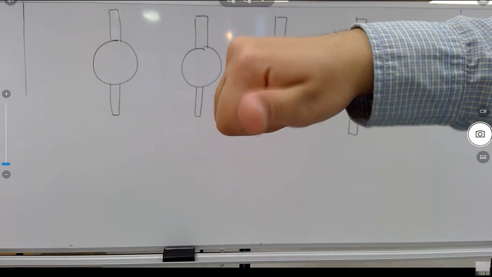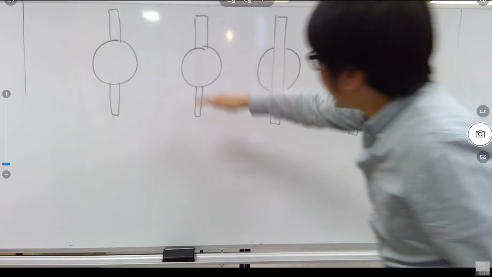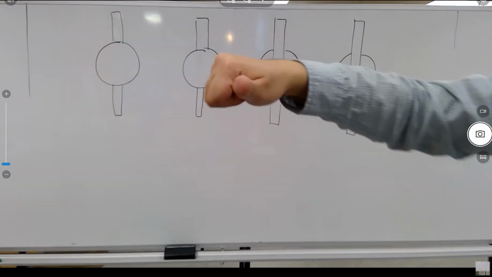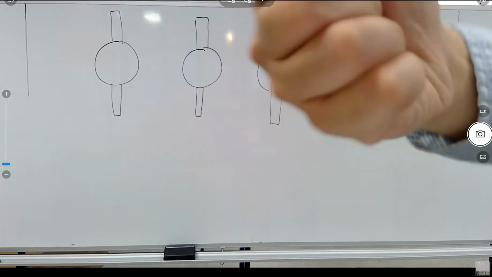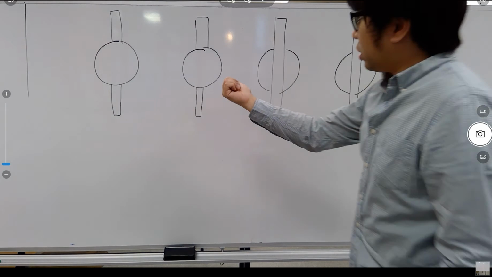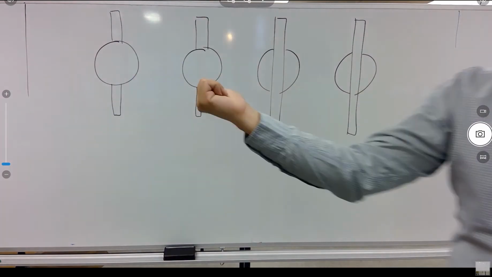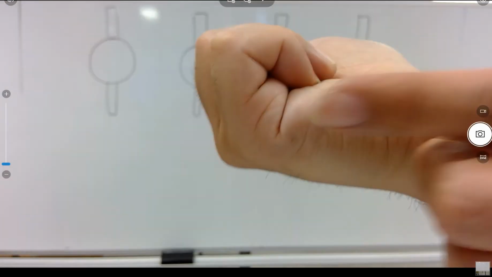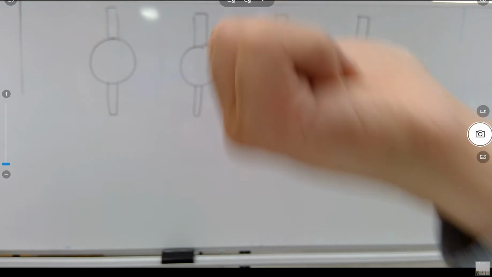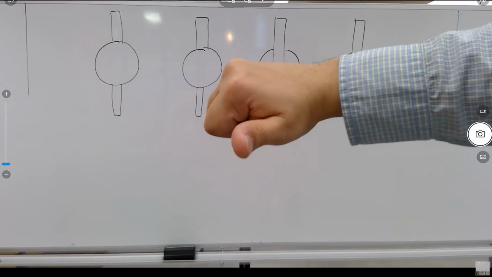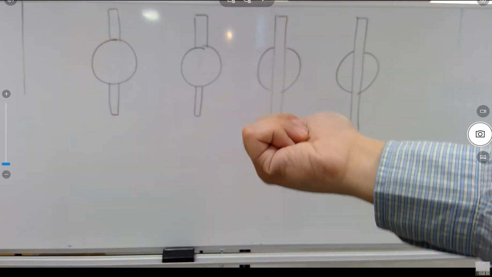So that's called out of the page. Imagine that this is the page. That's called out of the page because all you can see is my thumb. Now, if I point toward the page, this is called into the page because if you look at the back of your hand, you see that star right there? That's the cross. So that's into the page, out of the page, into the page, out of the page.